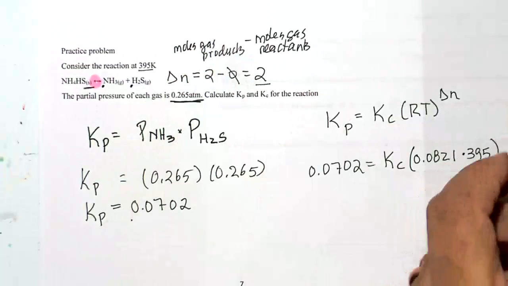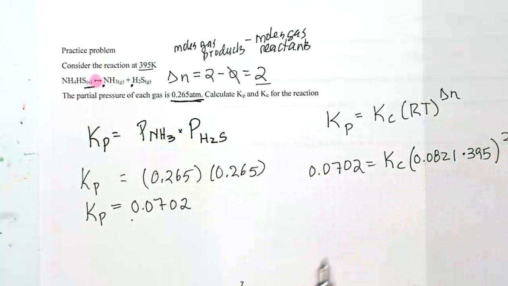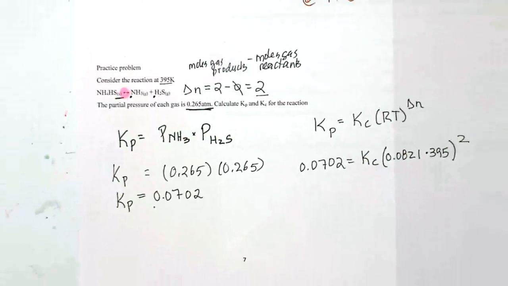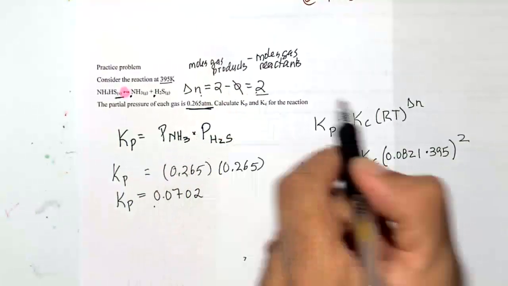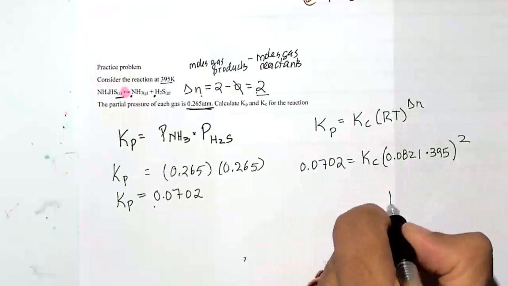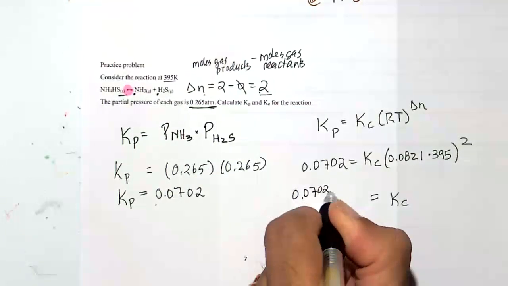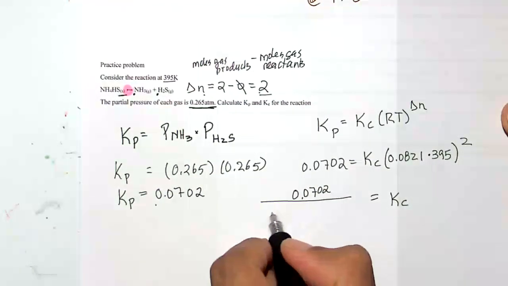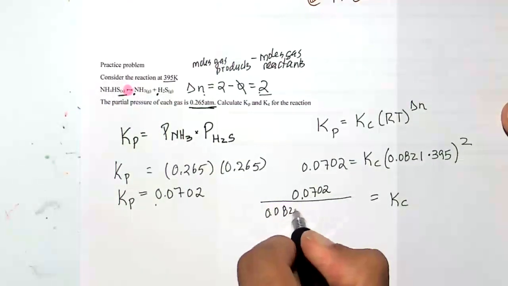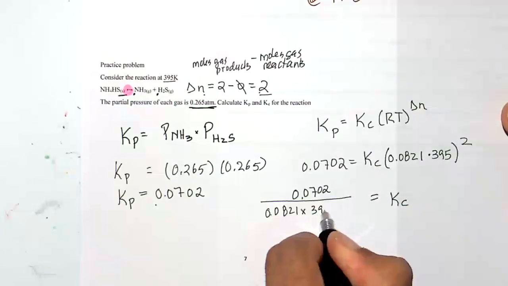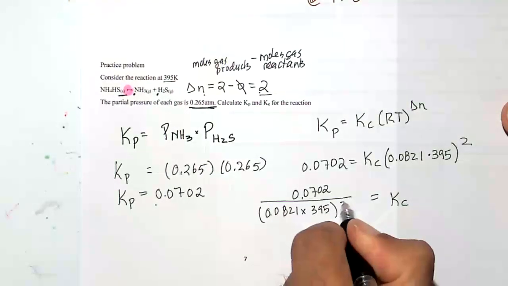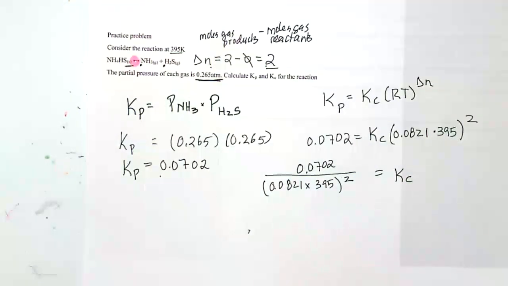And this N is squared. Delta N is 2. So Kc is equal to 0.0702 divided by 0.0821 times 395, and that product gets squared.